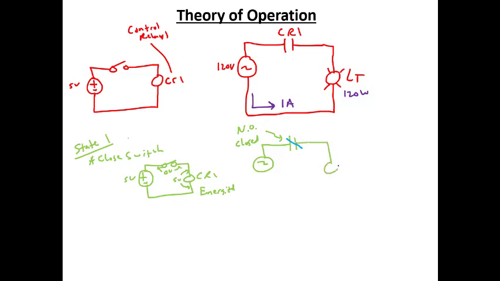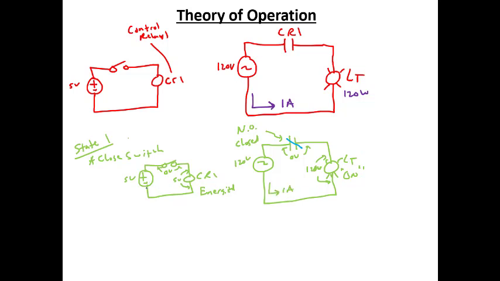And so this means that on our light circuit, we have 120 volts. This is closed, so we'd have 0 volts across the switch, and we would have 120 volts across our light, which means that our light would be in the on state. So we would have 1 amp of current flowing.